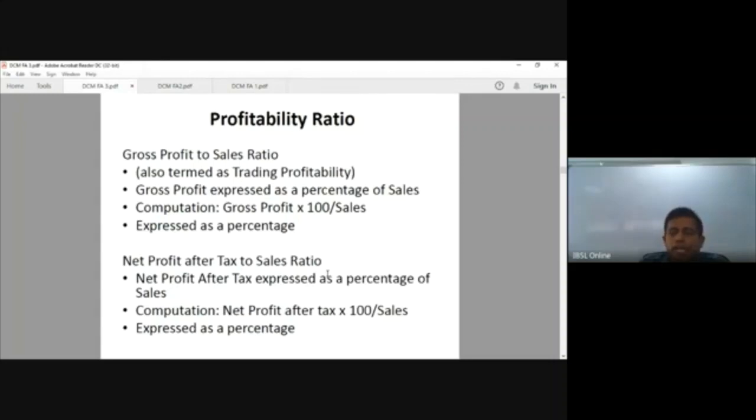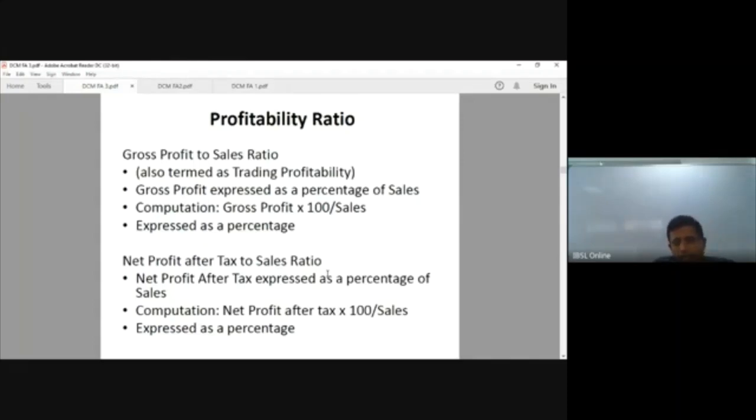It should be identical. It should be a similar ratio to the previous year. It should be a similar ratio to the industry. Therefore, for any material variance in the gross profit ratio, you should find reasons for why this variation has occurred, whether it is an increase or decrease.